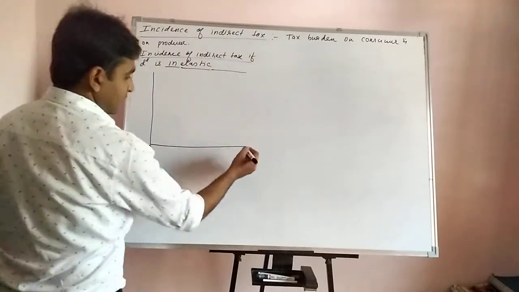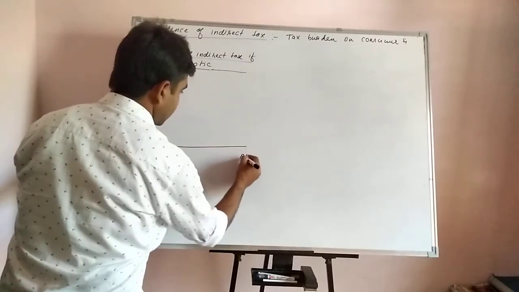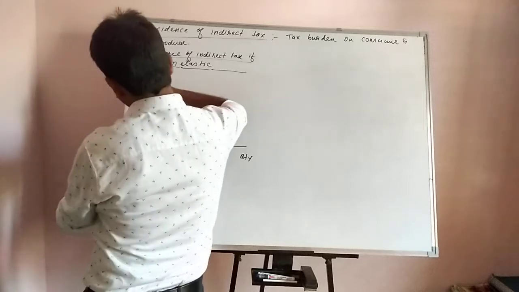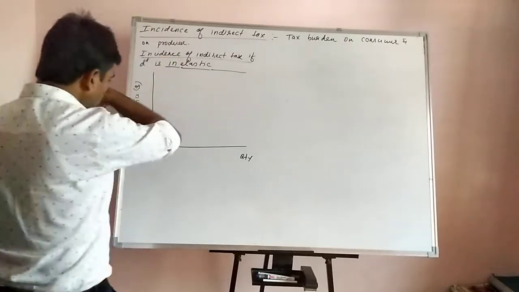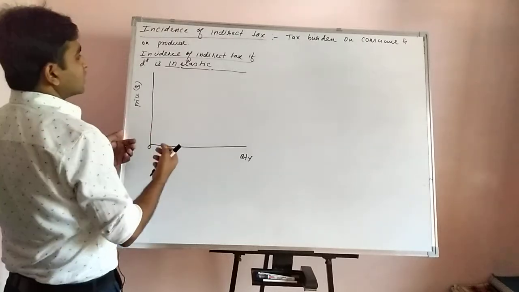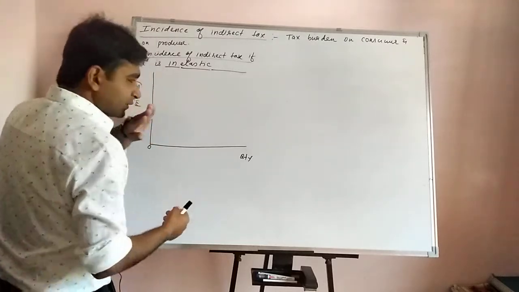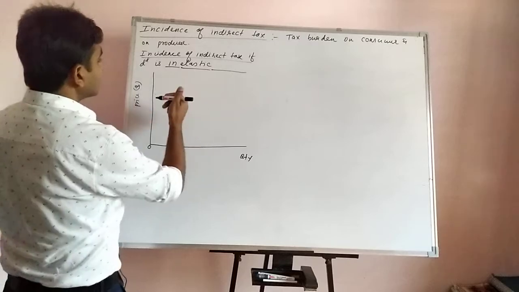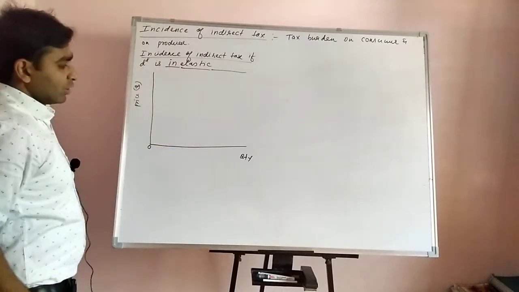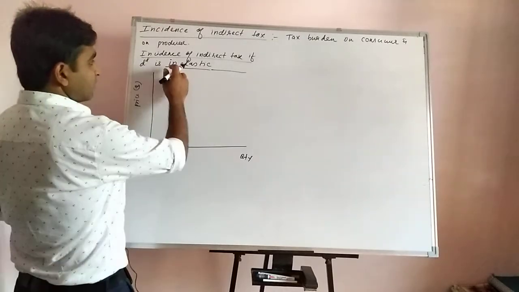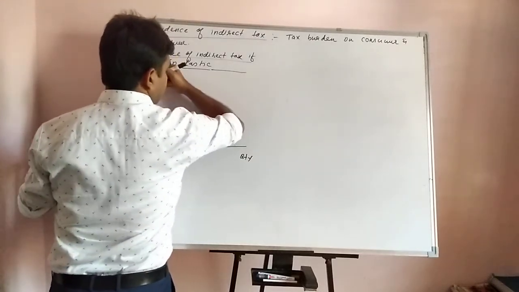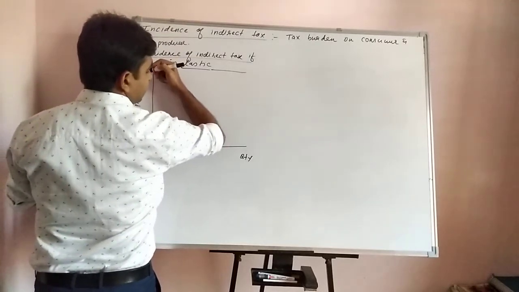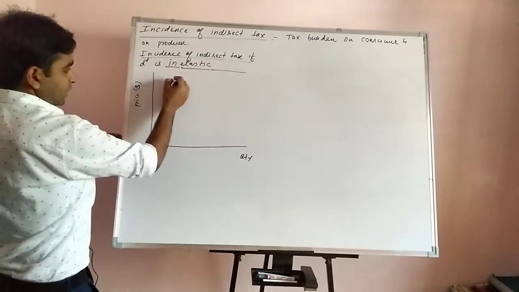0 initial, and x-axis is the quantity, y-axis we will mention here price in dollar. Okay, and the demand curve we will draw here steeper because demand is inelastic. So this is the flatter, and little bit like this will be the steeper demand curve. So let's draw here.